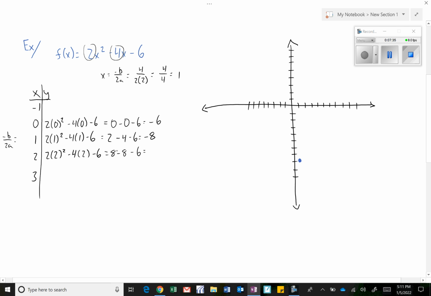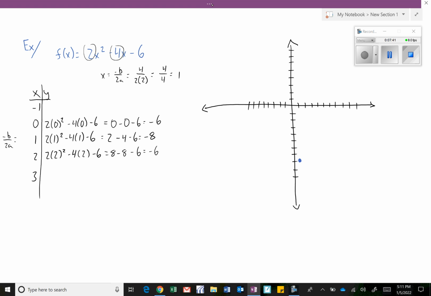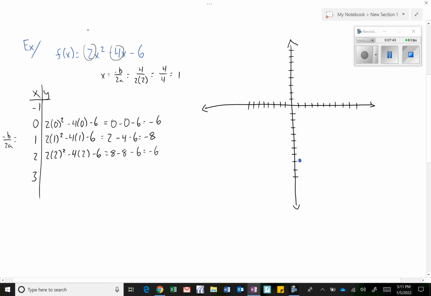And I'll reduce that. 8 minus 8 is 0. Minus 6 is -6. So that's 2 nice points there I can go ahead and graph. So I can graph 0, -6, just down here. And then I can also graph 2, -6. So right about here.